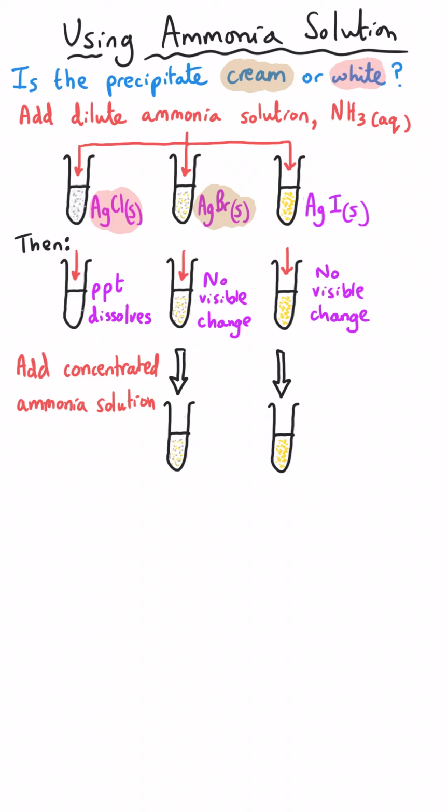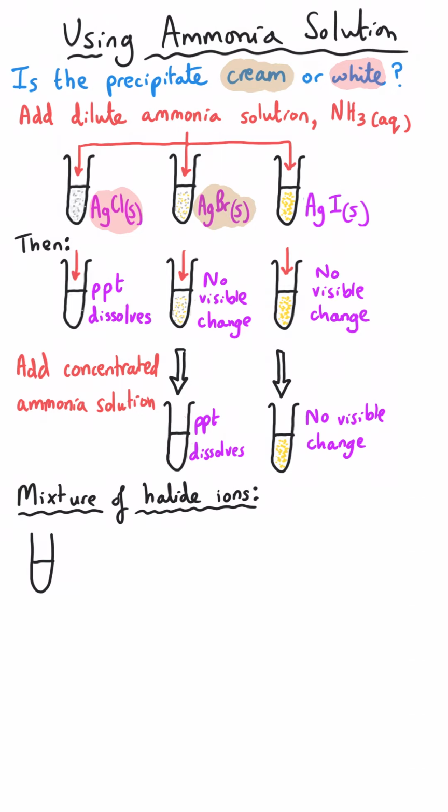Because when you add concentrated ammonia solution, that silver bromide will fully redissolve in a way that it wouldn't for the dilute ammonia solution. And then if the precipitate stays after the addition of concentrated ammonia solution, we can be totally confident that it was the iodide precipitate, silver iodide, that had formed in the first instance.